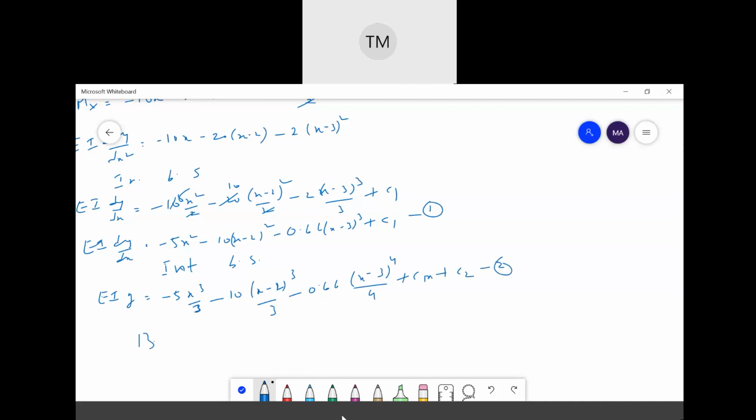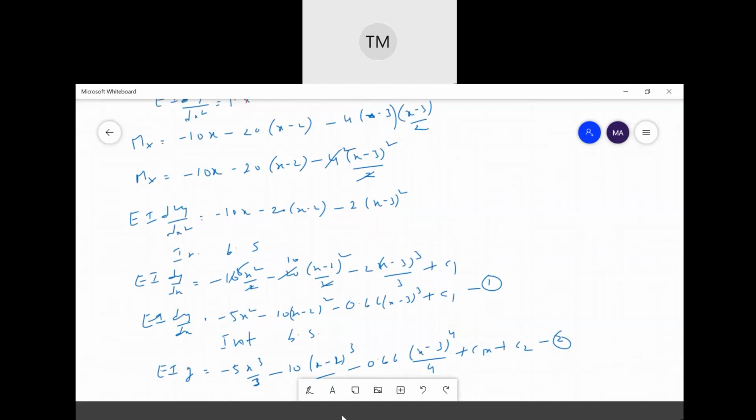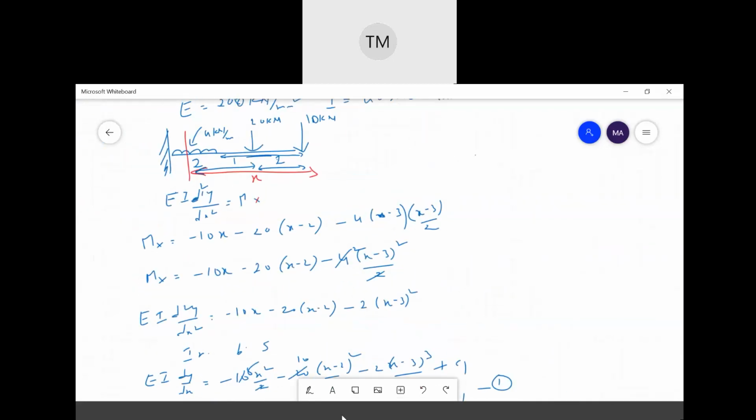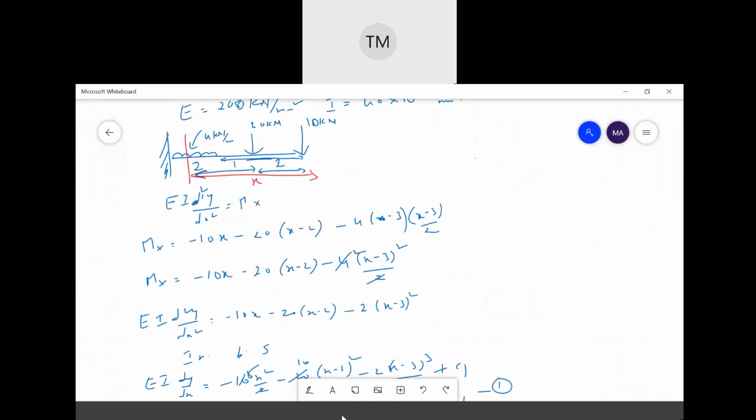What are the boundary conditions you have? At x is equal to 5, y is equal to 0, and at x is equal to 5, dy by dx is equal to 0. It is at the fixed support. Always at a fixed support, the slope is zero.